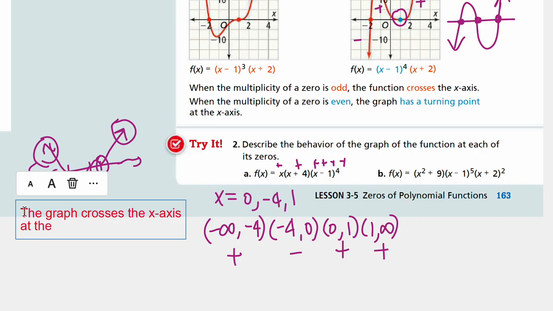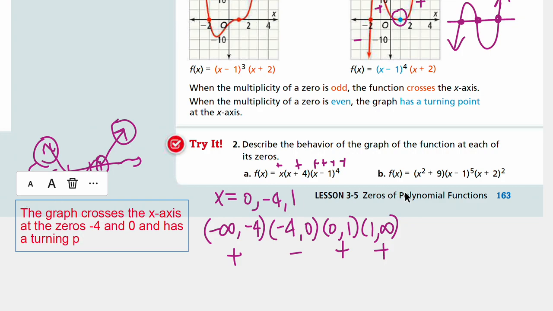And what about 1? 1 is a special one that has a turning point at the point (1, 0). Okay, so that would be part A.